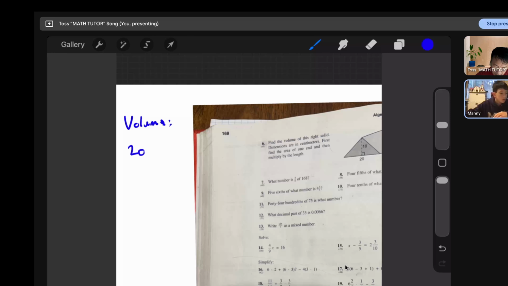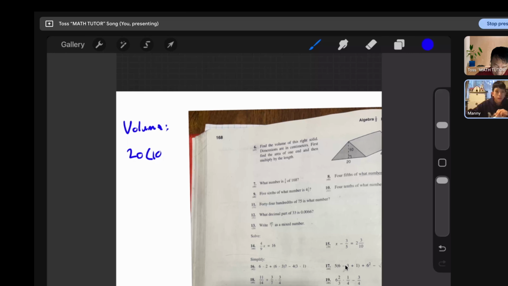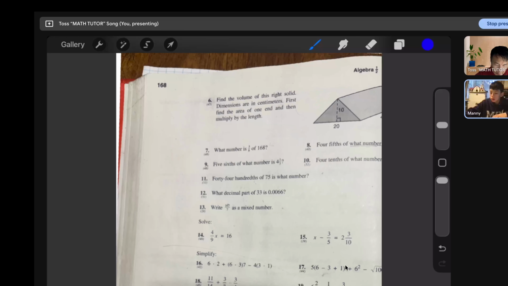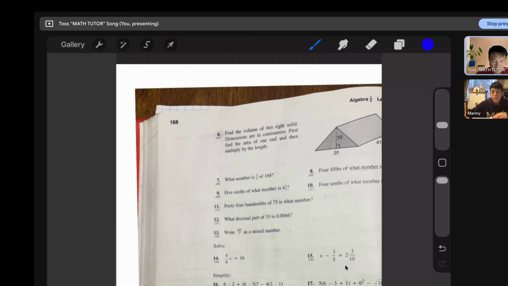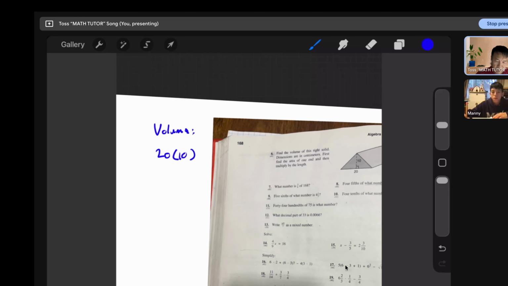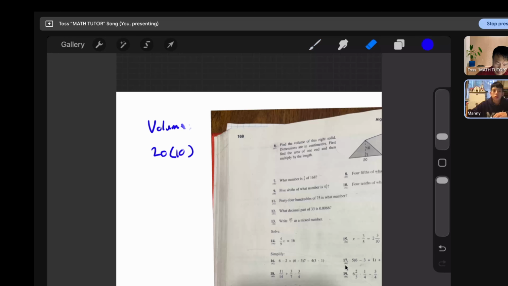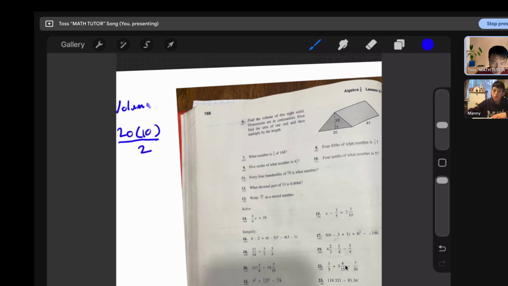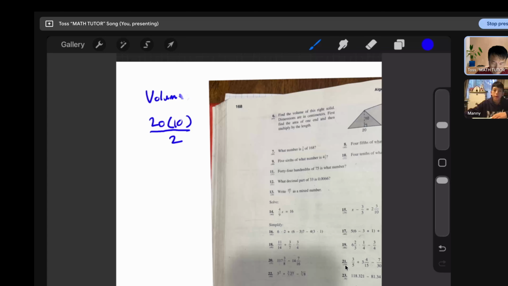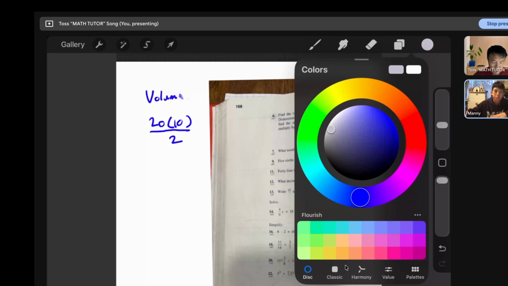So if it's 20 times 10 and then 10 times 41. Not quite. Do you remember what the volume formula is? Oh, so it's 20 times 10 divided by 2. Okay. And then what? And then you can cross cancel. Okay, but do we do more than that before we cross cancel?